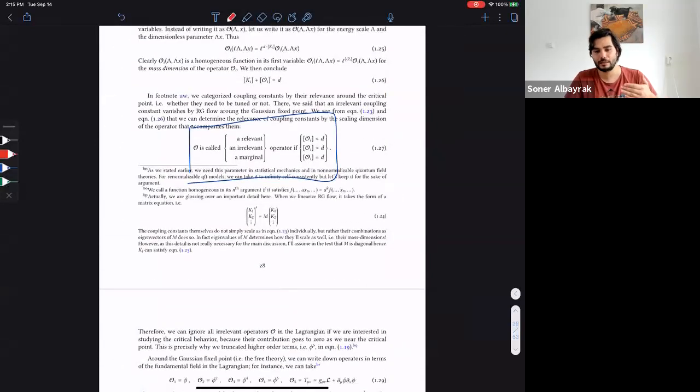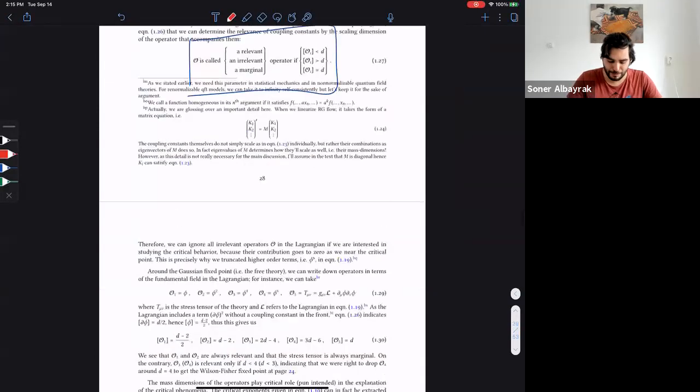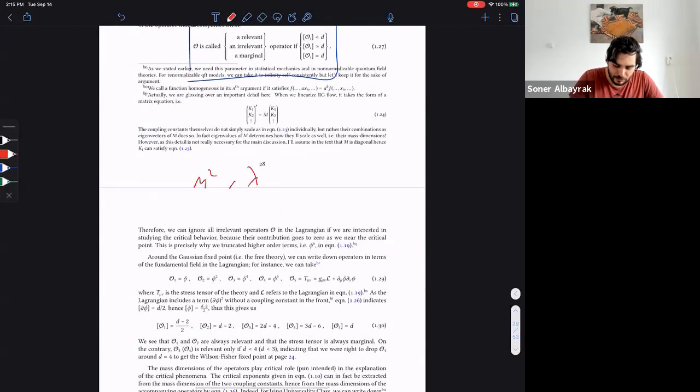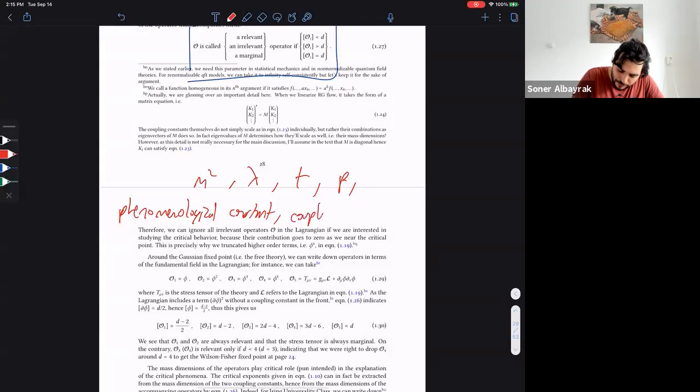We change the scale, how we coarse grain, and with the change of the scale, the behavior of the terms in the Lagrangian changes, like mass, like lambda, like temperature, like pressure, like the phenomenological constants, or coupling coefficients. They are the same thing, by the way. One is the term used in stat mech, the other is the term used in QFT, basically.